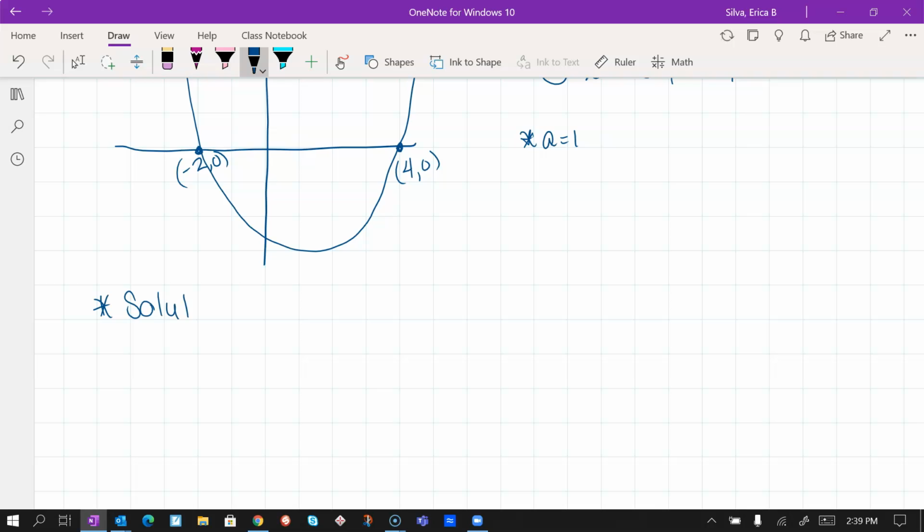So we're going to write down solutions, or let's say from solutions to factored form of equation. Now remember when we were writing equations in factored form, we would get the x-intercepts and then we would put them in the equation. So that's what we're going to do right now.